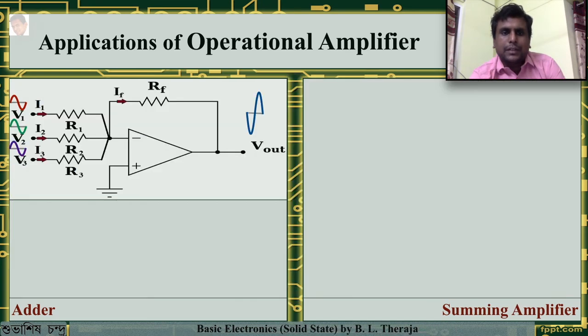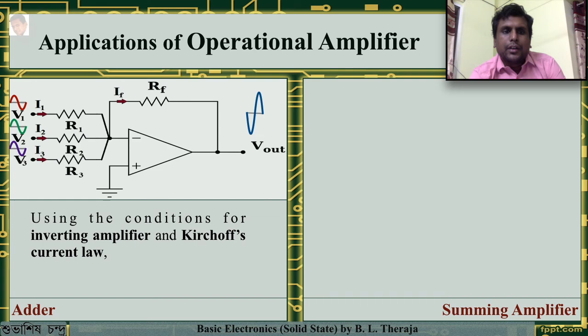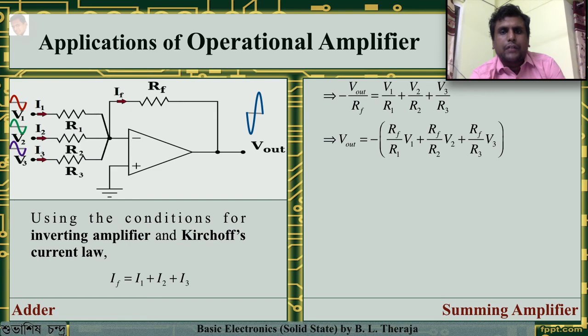Let us look into the mathematical expressions. Using the conditions for the inverting amplifier and Kirchhoff's current law, the feedback current is equal to the algebraic sum of the input currents. Writing the electrical equations, we get the output voltage to be minus of Rf by R1 V1 plus Rf by R2 V2 plus Rf by R3 V3, where Rf by R1, Rf by R2, Rf by R3 are the individual voltage gains for the inputs.